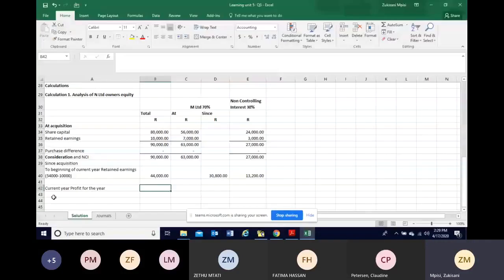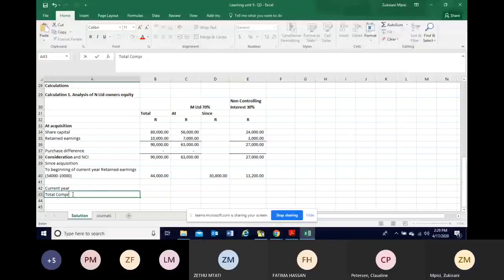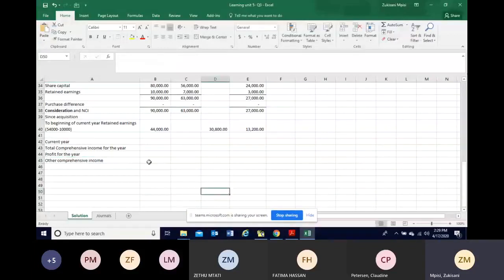So in other words, this means that in the current year, we would need to say total comprehensive income for the year, and then here say profit for the year, and then say other comprehensive income. This is how you put these things. For other comprehensive income, we do not have anything.